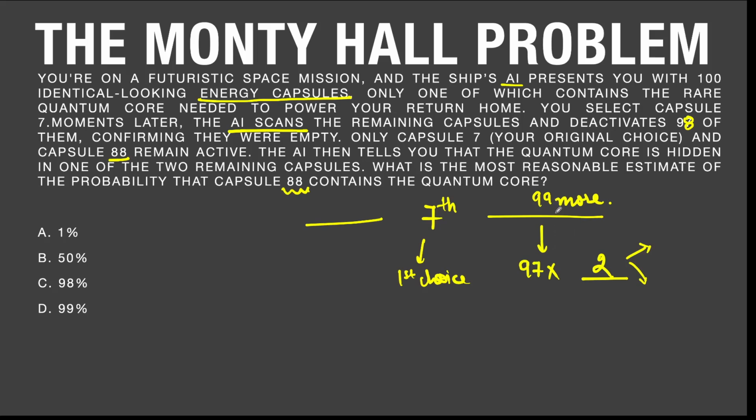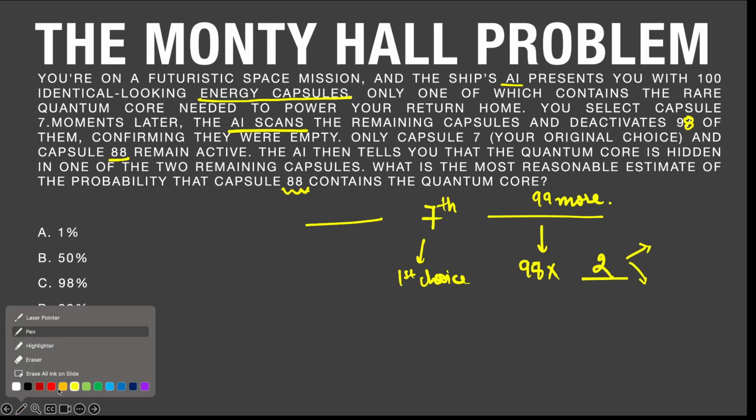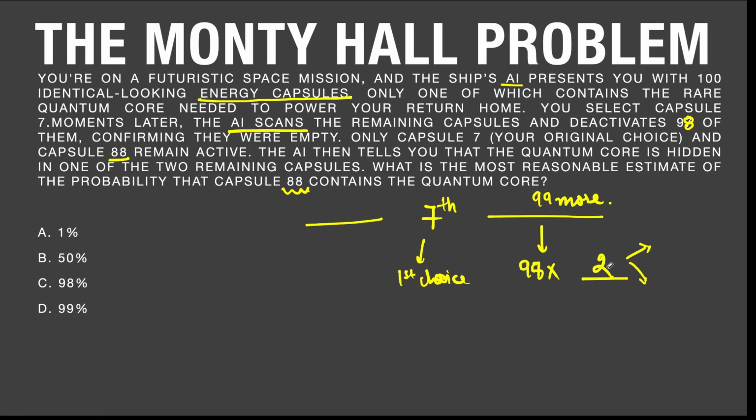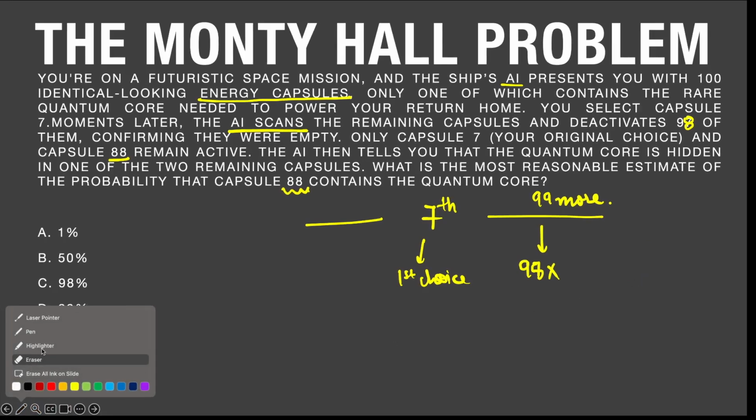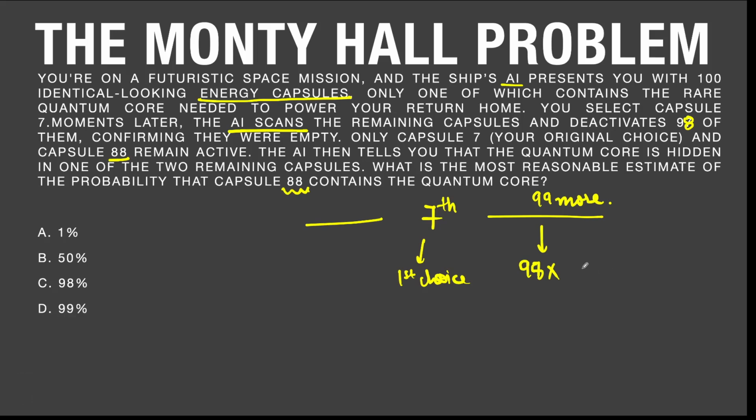Instead of deactivating 97, it has deactivated 98, and there is only one choice left, and this one choice that is left is the 88th capsule.